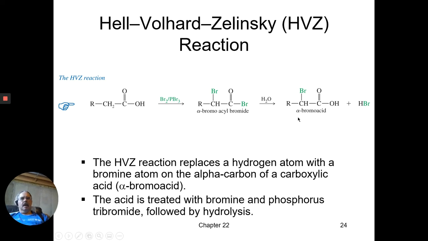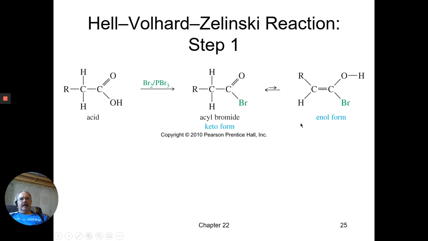protein. So if you react this with excess ammonia, you can bring about a substitution where the bromine is replaced by an amino group, and nearly all of the naturally occurring amino acids are alpha amino acids.